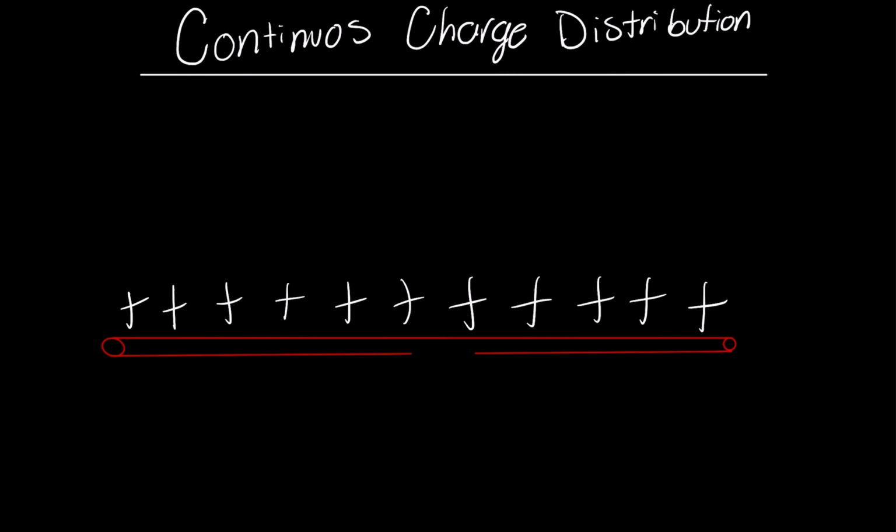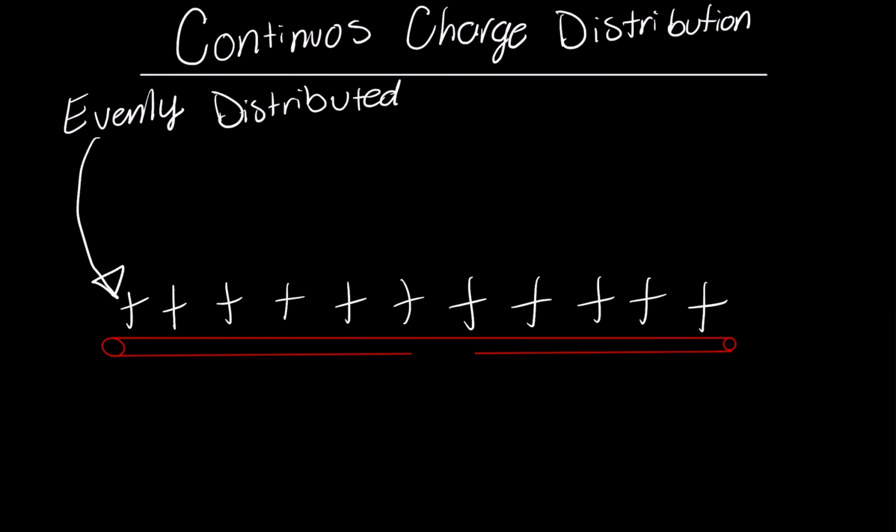So a continuous charge distribution is, once again, we have a wire just around here, okay? And these are, well, they can be either evenly distributed, as we can see here. Okay, I'm going to put this in another color. As we can see here, okay?